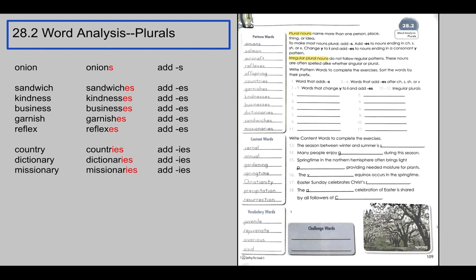Same thing with missionary. Okay, so we have learned about several missionaries in social studies. We know that Hannah Peck is a missionary in Portland, Oregon, but we've learned about several different missionaries.